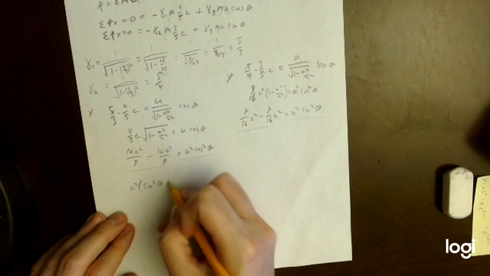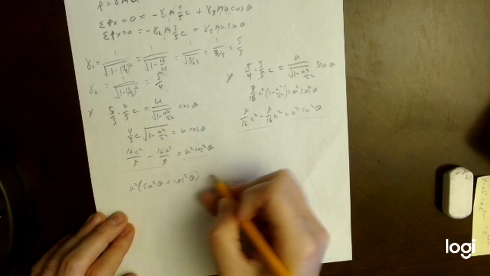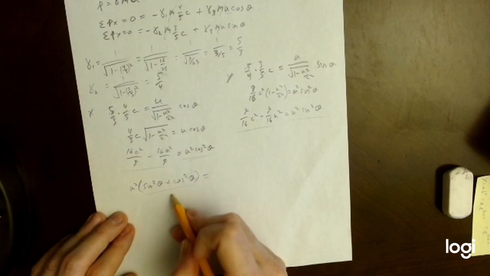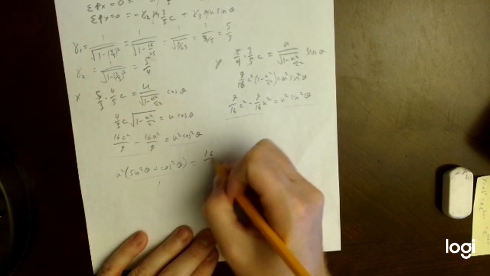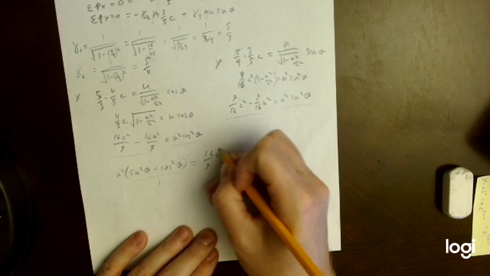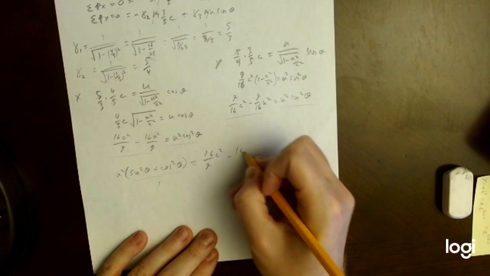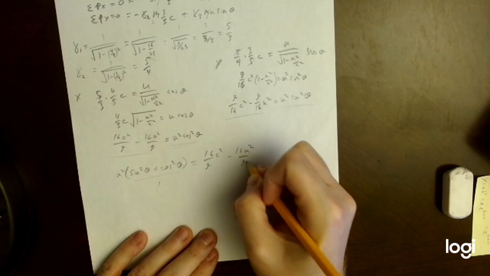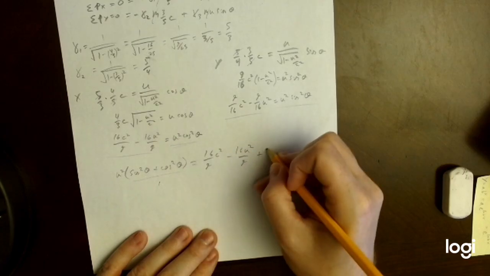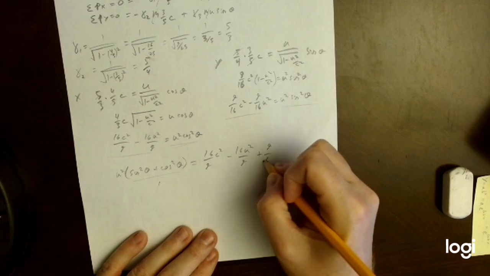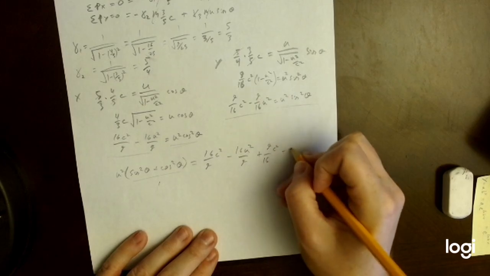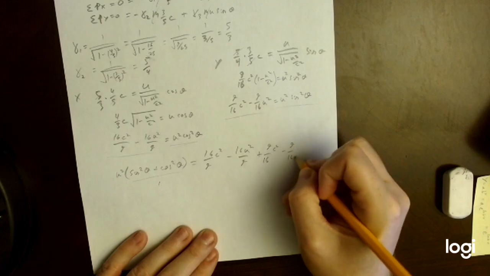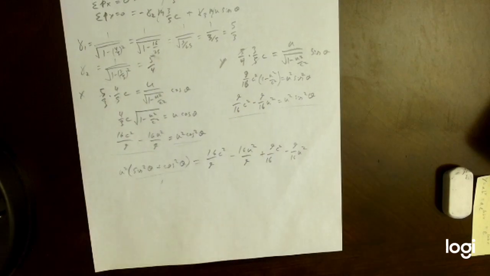Sine squared theta plus cosine squared theta, which is, of course, just 1, and that will be equal to 16/9 c squared minus 16 u squared over 9 plus 9/16 c squared minus 9/16 u squared, like that.